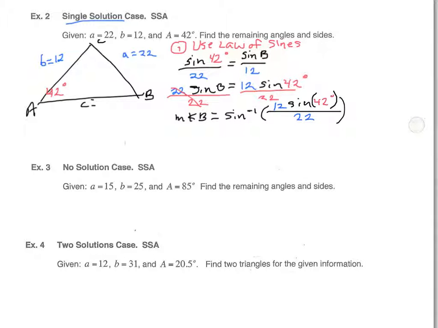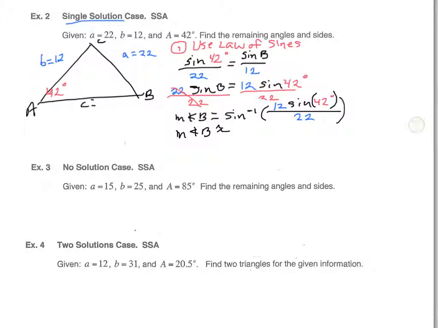Because if you don't end your parentheses after the 42, then your calculator is going to take the sine of 42 divided by 22, and you're going to get the wrong answer. So for the measure of angle B, on my calculator, second sine gets you the inverse sine of 12 times the sine of 42, close parentheses, divided by 22.